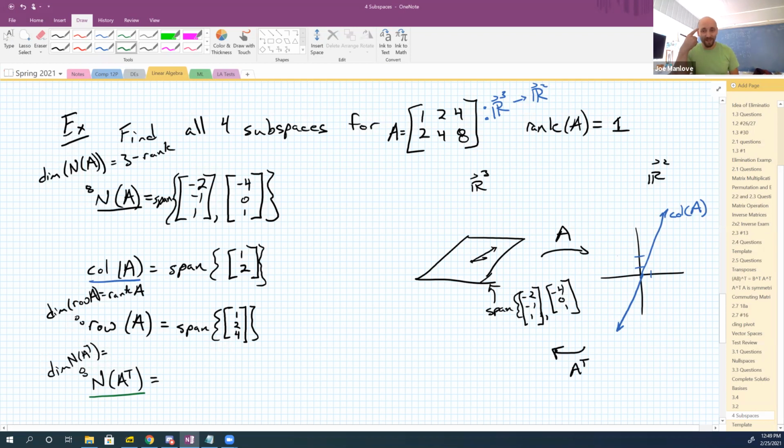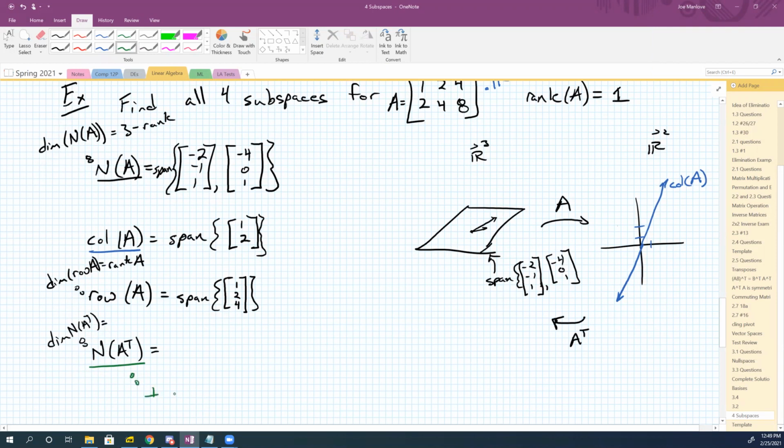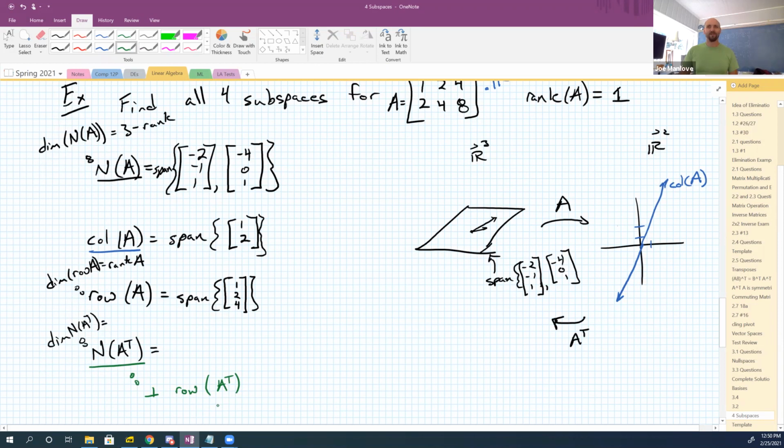Now this is going to have a lot of flip-flops in it. What is the row space of a transpose? One, two. Yeah, it feels like this, span of 1, 2.